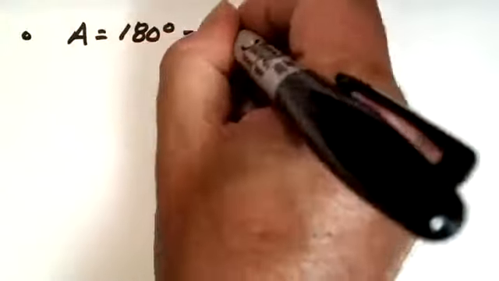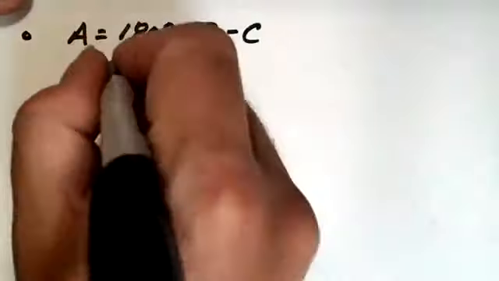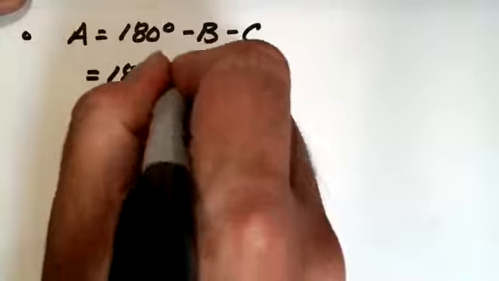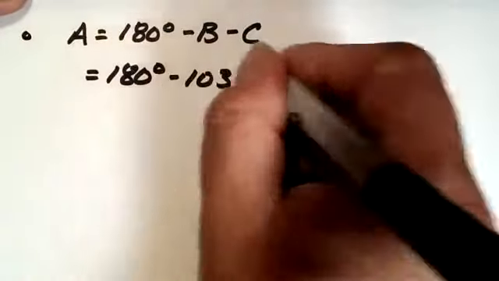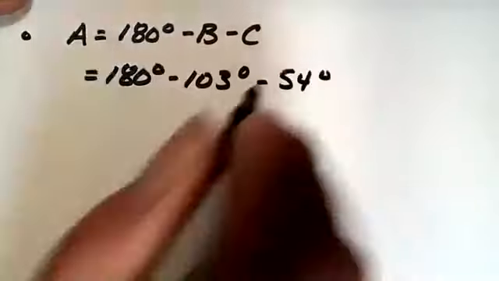So the first is to say, okay, well, A is equal to 180 degrees minus B minus C, which in this particular case is 180 minus 103 minus 54.